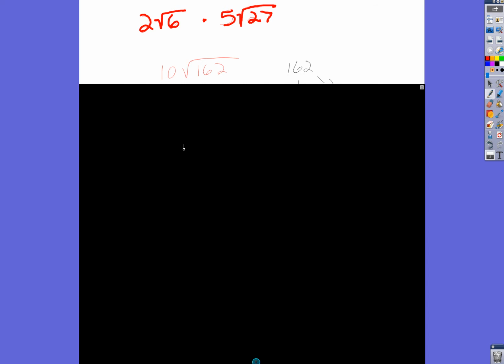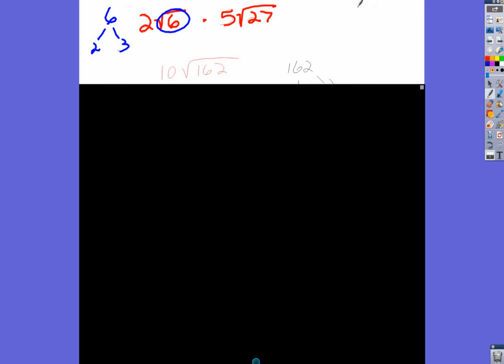Instead of doing one big tree with 162, you can do multiple trees before you multiply. If I were to do a factor tree with a 6, that's just 2 and 3. There are no pairs there, but I know I have a 2 and a 3.